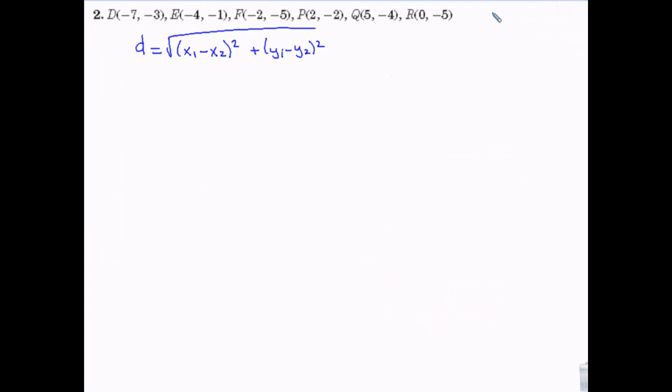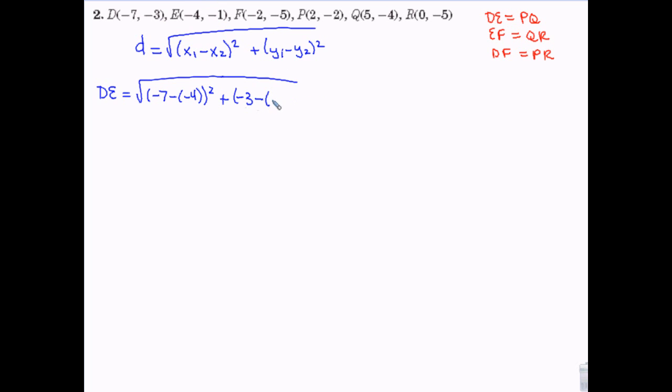Okay, so again, I need DE to equal PQ. EF needs to equal QR, and DF needs to equal PR. Okay? So I'm going to find the distance of each of those. So the distance of DE, there's x1, x2. So I have -7 minus -4. y1, y2, so -3 minus -1.